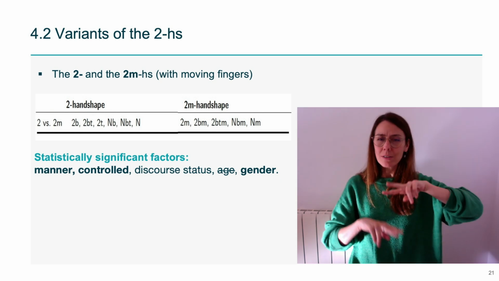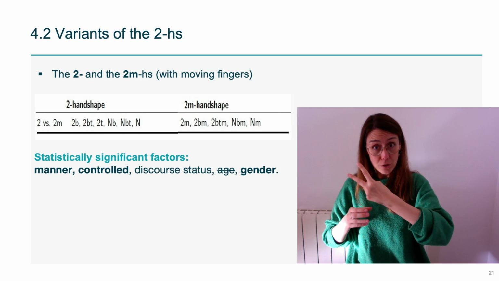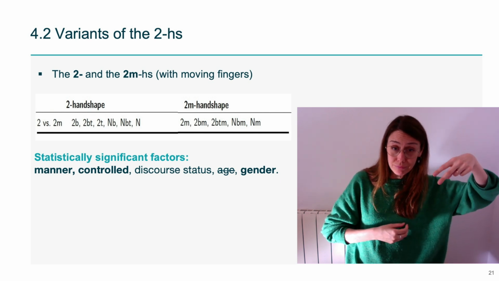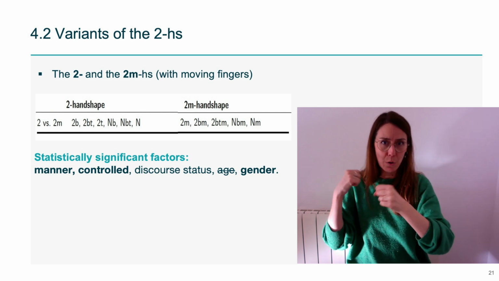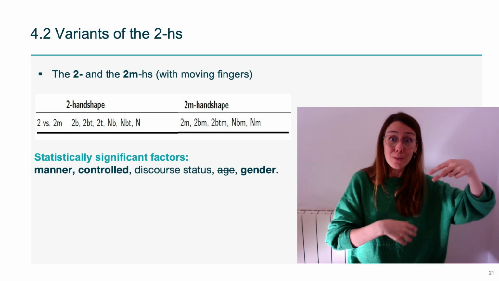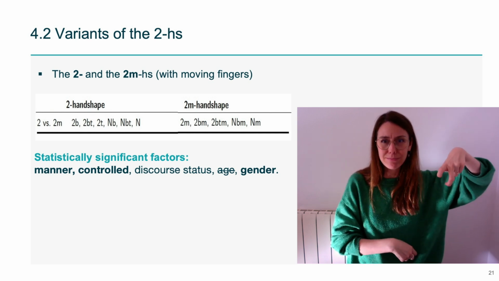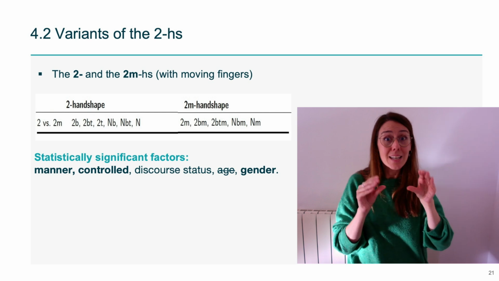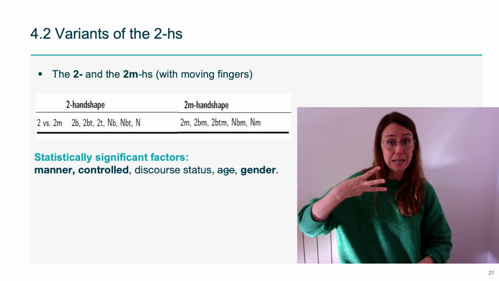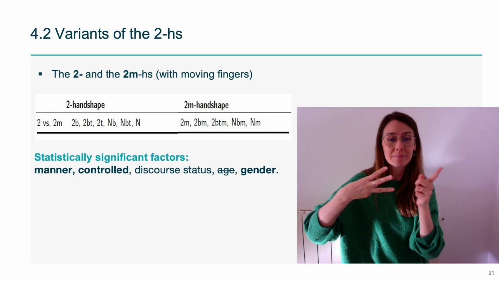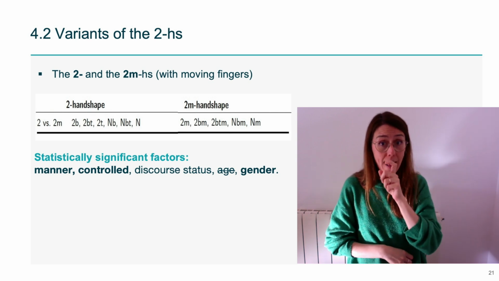As for the two hand shape in comparison to the two hand shape with moving fingers, in the category of the two hand shape with moving fingers, we had all the variants where the fingers were moving. And the factors that statistically influenced the choice between these two hand shapes were manner, controlled, and gender.